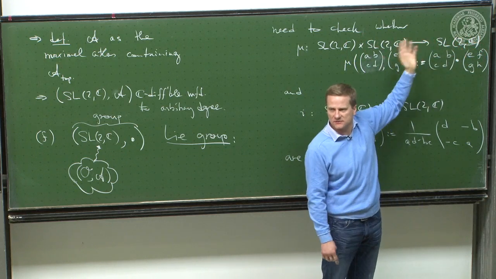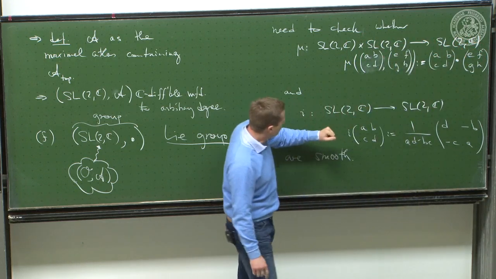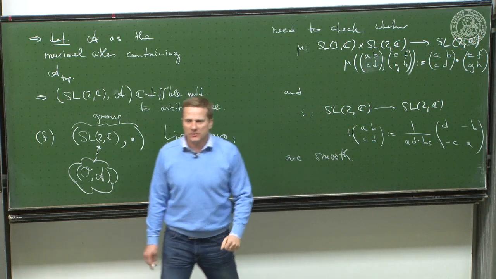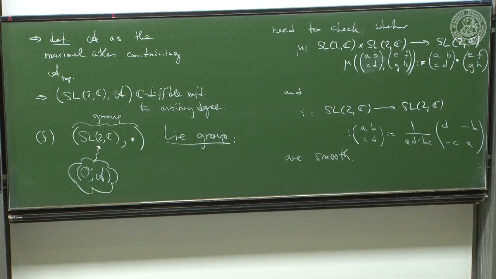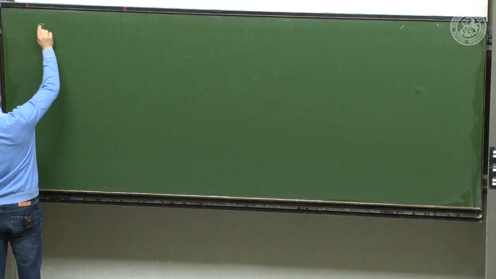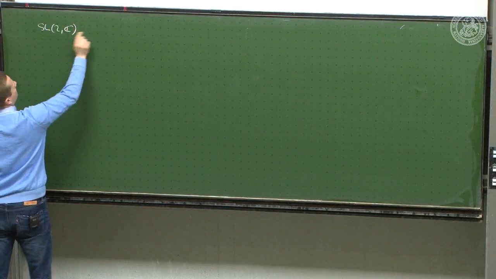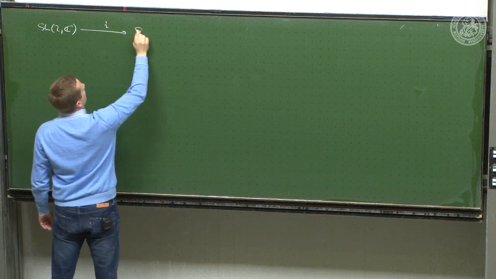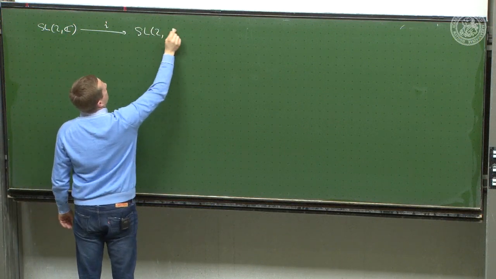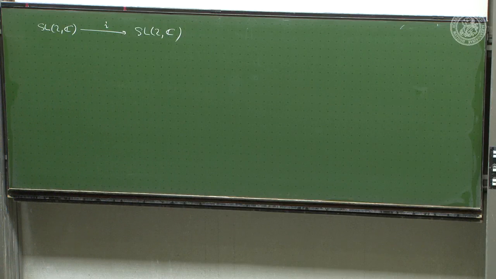Once you have the charts, you check this. But we'll carry it through in detail for the I. We want to check precisely that the I is smooth. So we have SL2C, we got the map I that sends an element of SL2C to its inverse between these two smooth manifolds, and we want to check whether it's smooth.